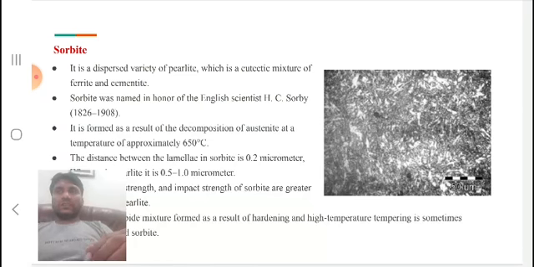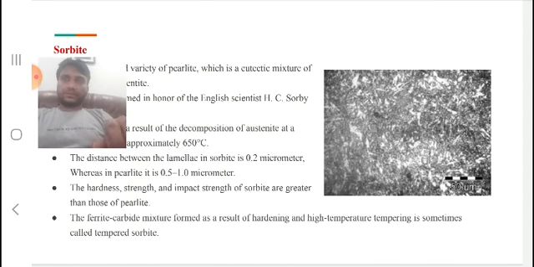The crystal structure of sorbite is again BCC. The distance between the lamellae in sorbite is 0.2 micrometer, whereas in pearlite it is 0.5 to 1 micrometer.